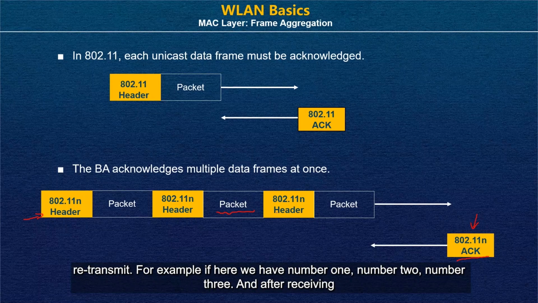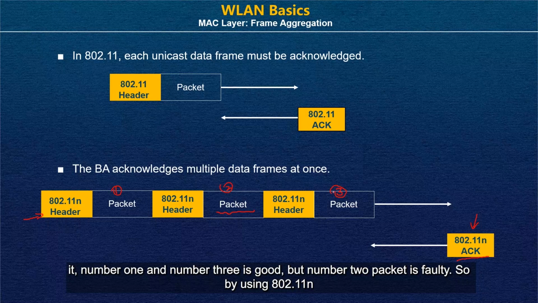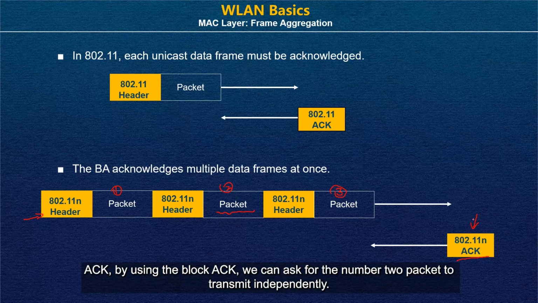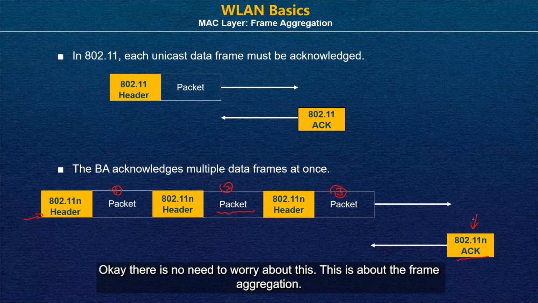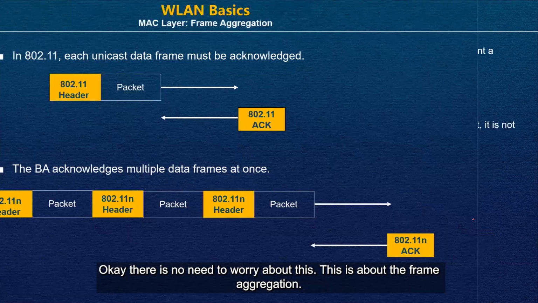For example, if here we have number 1, number 2, number 3, and after receiving it, number 1 and number 3 are good, but the number 2 packet is faulty. So by using the block ACK, we can ask for the number 2 packet to be transmitted independently. Okay, so no need to be worried about this. Okay, this is about the frame aggregation.